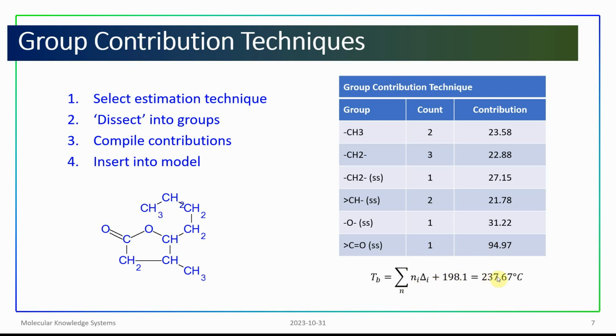Finally, it generates an estimate. Group contribution techniques are a very powerful class of estimation techniques. However, if we don't have a contribution for a particular group, then we can't use the technique. Fortunately, now with our modeling documents, if we have some data, we can regress values for missing group contributions.